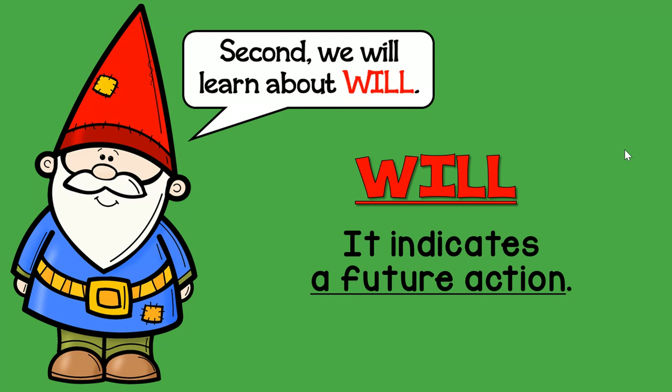Will indicates a future action, something that's going to happen in the future. Not in the past, not in the present, not right now, but in the future. So you should be writing this down.